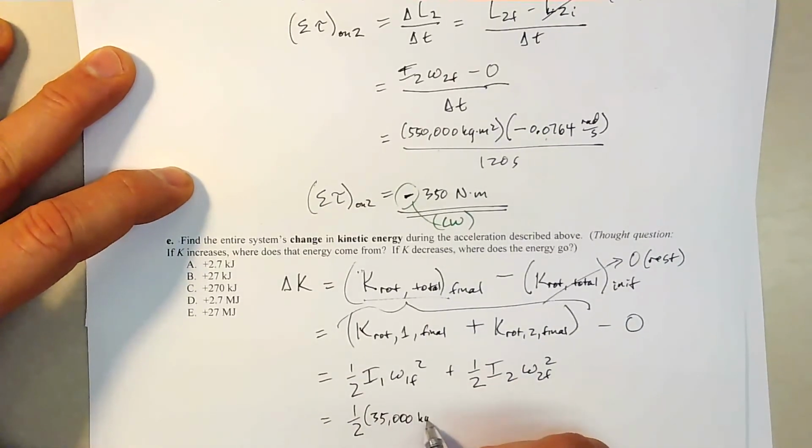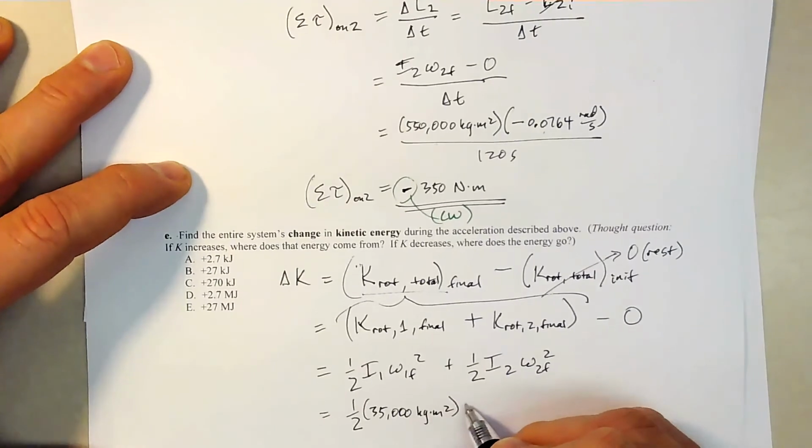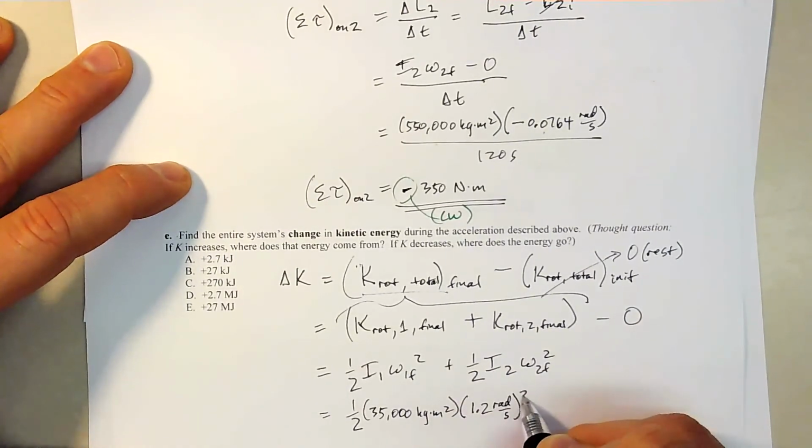Now it's just a matter of plugging in all of our MKS values, making sure we square those angular velocities.